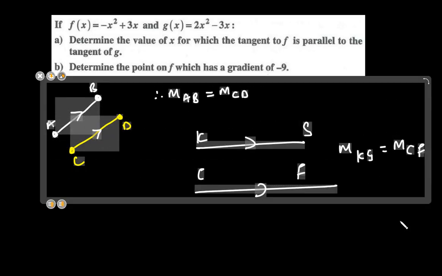So now that we have remembered that, we are given f of x is equal to negative x squared plus 3x, and you're also given that g of x is 2x squared minus 3x.